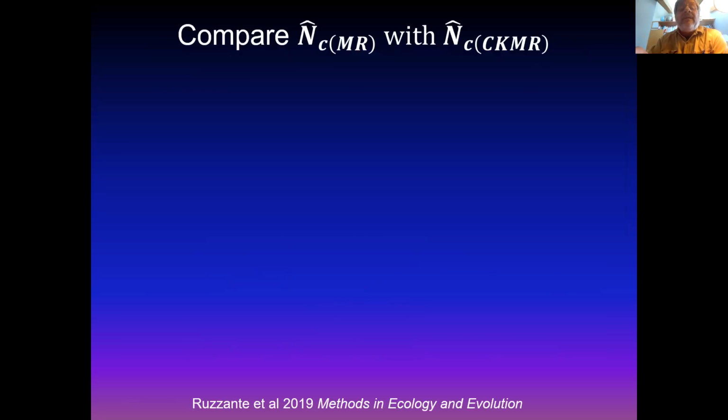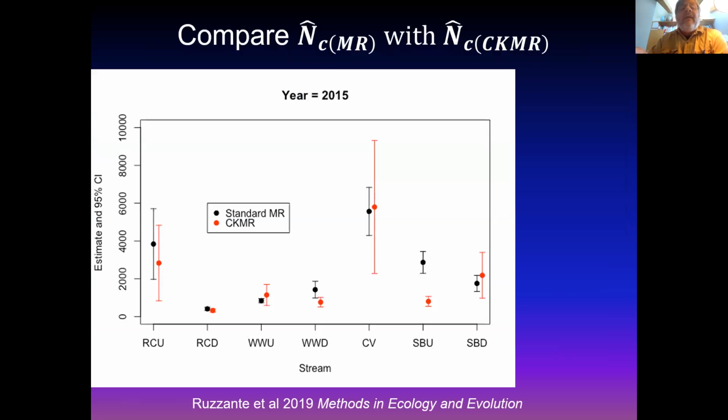So how do these estimates compare with the CKMR estimates? And this is what we came up with. You see that by and large, the estimates are comparable. Maybe some of the estimates have wider confidence intervals than the mark-recapture estimate.